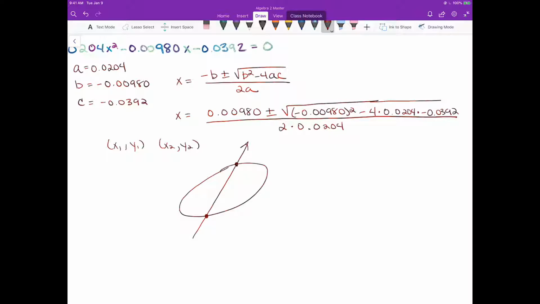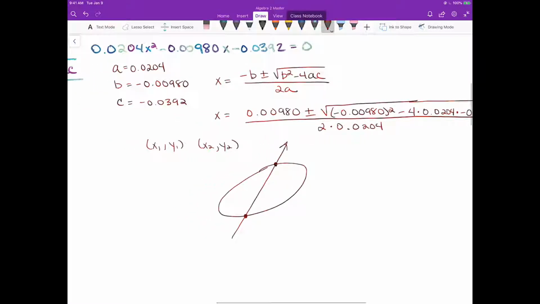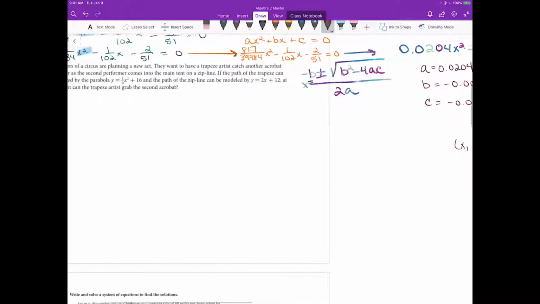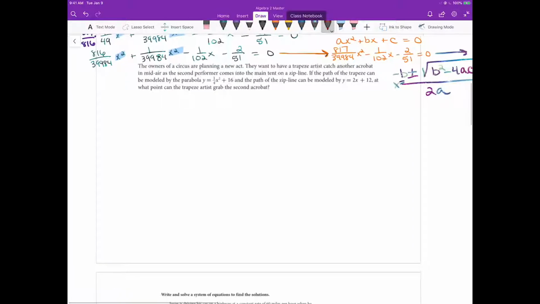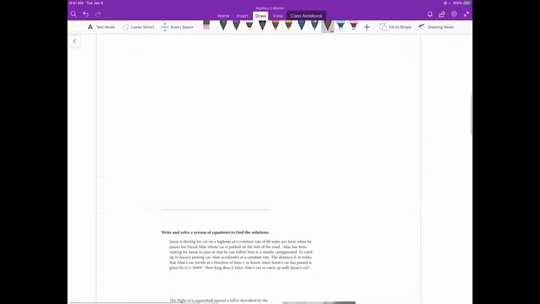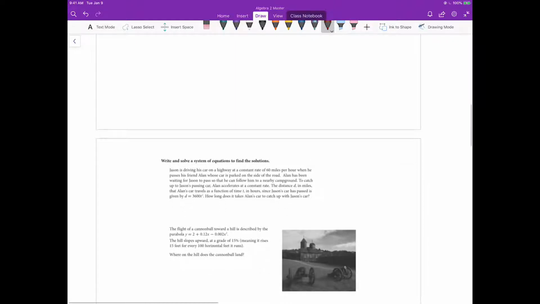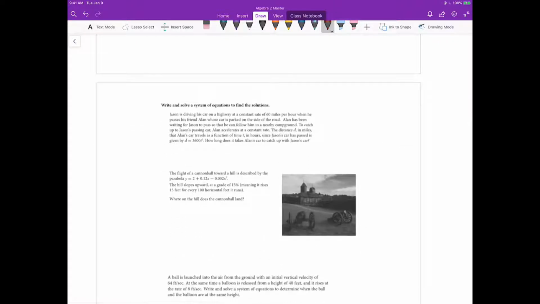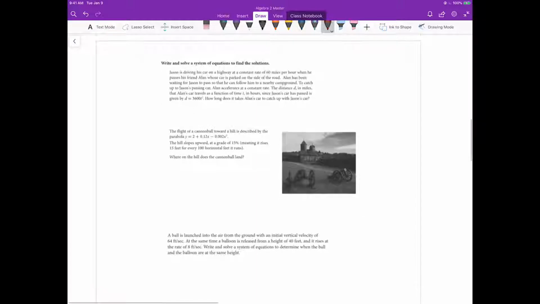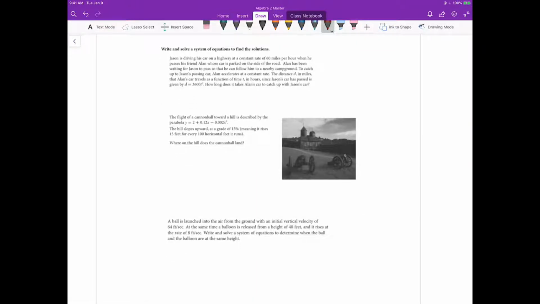And I'll leave you to solve the rest of that quadratic formula and the rest of these practice problems. The nice part about these practice problems is most of them give you the equations. Some of them you might have to formulate yourselves, but it's good to note that these are separate problems.